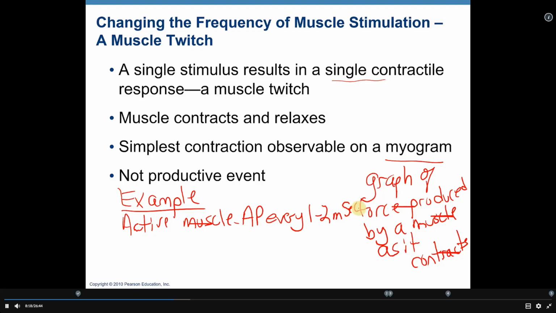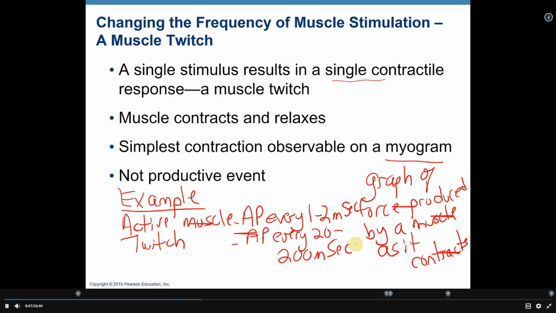So an action potential is arriving about every millisecond. But when you have a twitch in a muscle, you're getting an action potential every 20 to 200 milliseconds. So you can see how the action potential is arriving a lot slower. And what happens is the muscle contracts and relaxes, but it doesn't really produce enough force to do much.